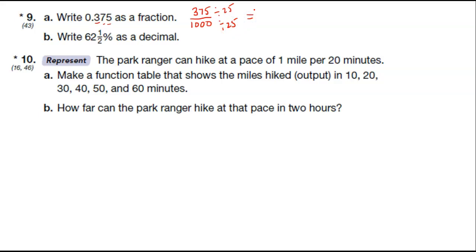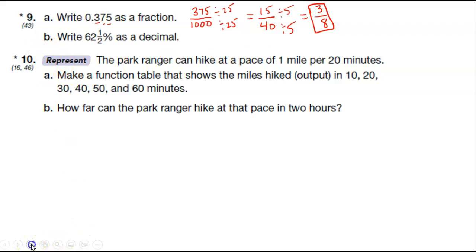So let's see, using my calculator, 375 divided by 25 is 15, and 1,000 divided by 25 is 40. Let's see, so 5 can go into both of those. So let's go ahead and continue to reduce. That's going to be 3 over 8, and that's about it.